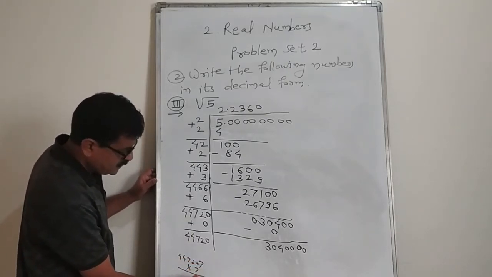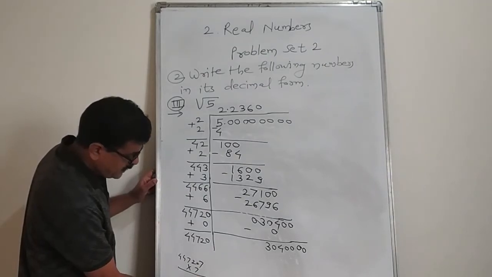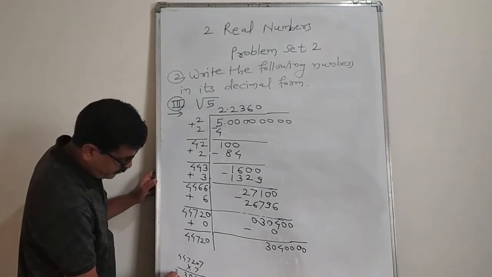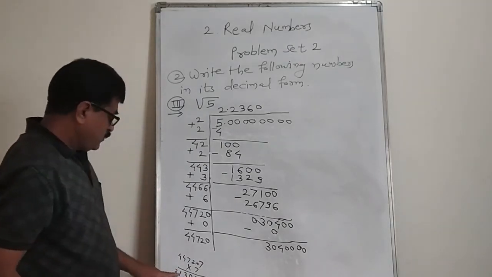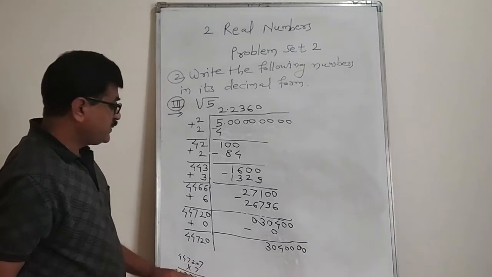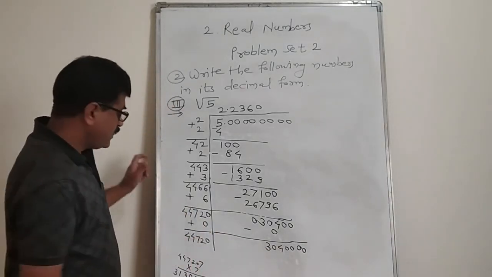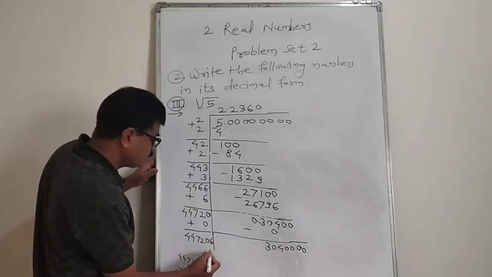Taking multiplication, 7 into 7, 49. 14 carry 1. 50 carry 5. 33. 1, 2, 3, 4, 5, 6, 7 numbers. But this is more than, therefore take 6 here.